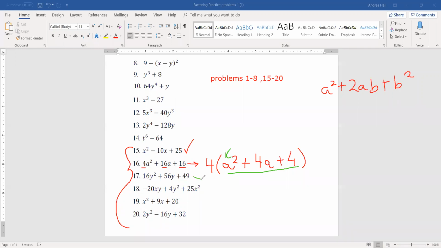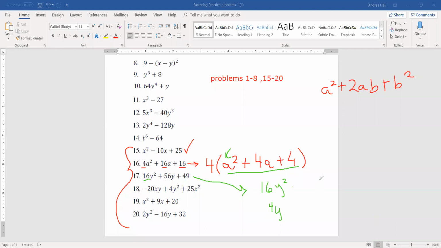Number 17, it looks complicated. It really does. But this is also a perfect square trinomial. Let me tell you why. 16 is a perfect square. Let me go ahead and put 16y squared. The square root of 16y squared, right, is 4y.